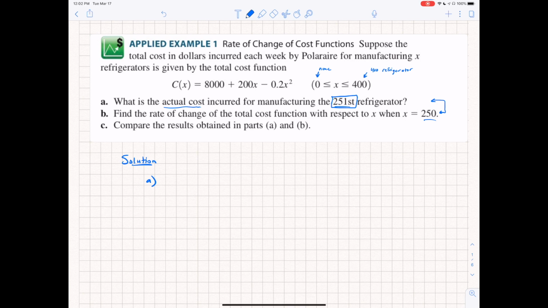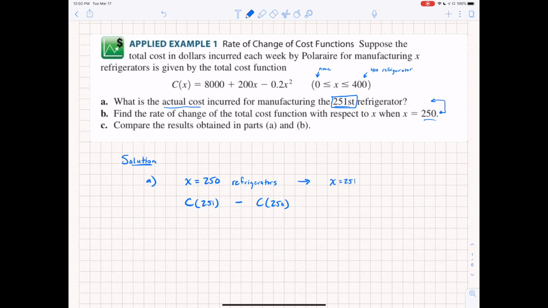So essentially, the assumption here is that we are making at least a fixed number, 250 refrigerators. And I want to know how much it will cost if I want to bump up production to 251. So I need to find the cost of producing 251 and subtract the cost of 250.